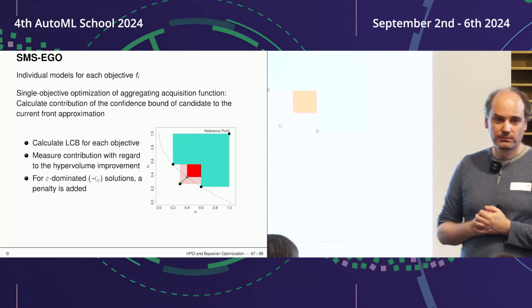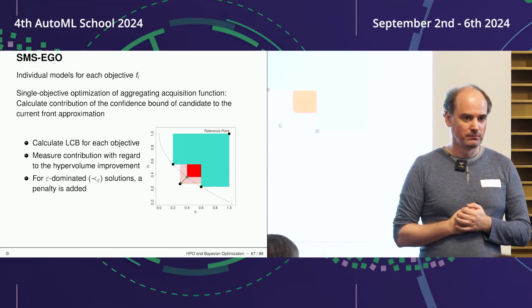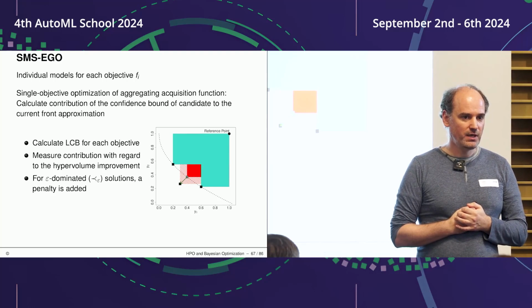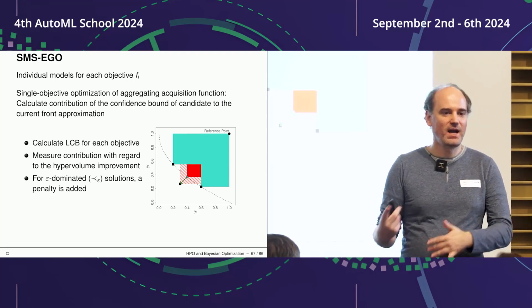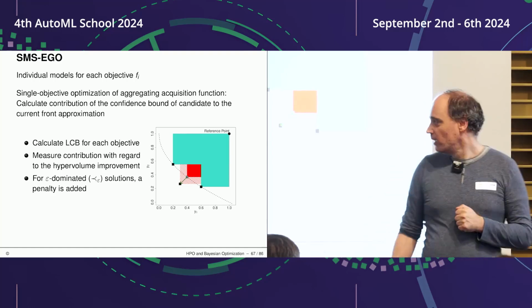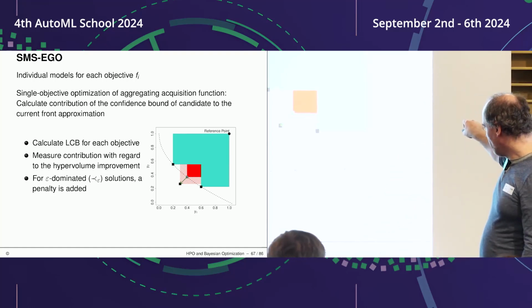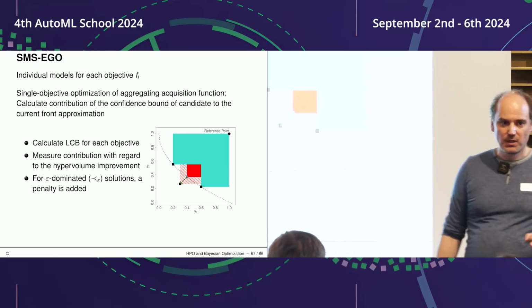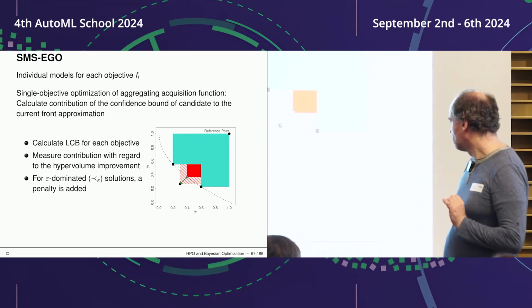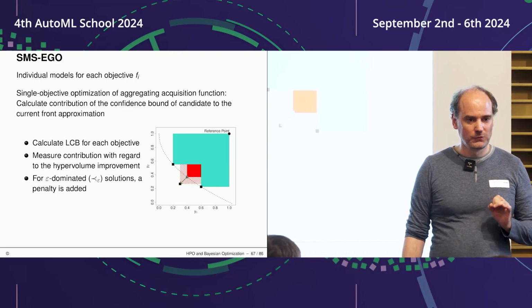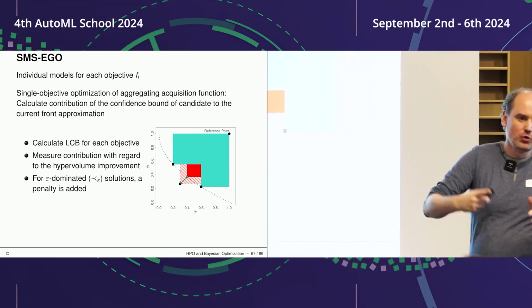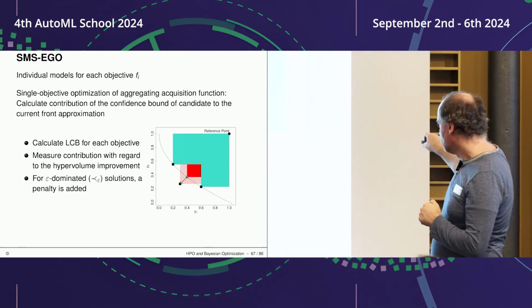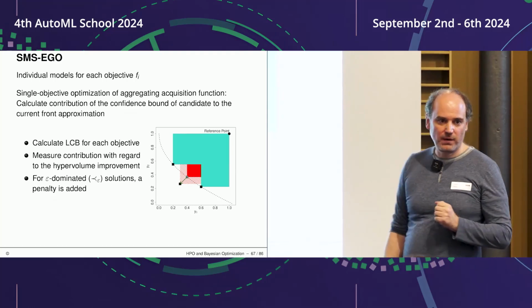What I do instead is I'm again optimistic. I'm using the lower confidence bound, okay? So uncertainty should work in my favor, or should drive me. If there's a high uncertainty, I want to evaluate at that point. And what I now do is I compute the so-called hypervolume contribution. And this is exactly this volume here, which is behind this virtual point, from prediction, and the current front, okay?